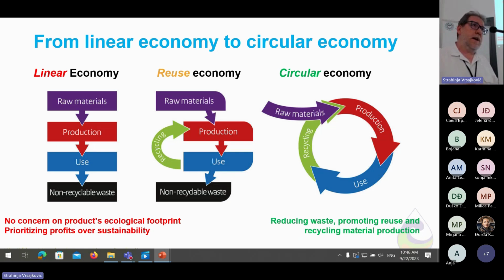While in the approach of circular economy, reducing waste and promoting reuse and recycling of material is at the heart of the project.